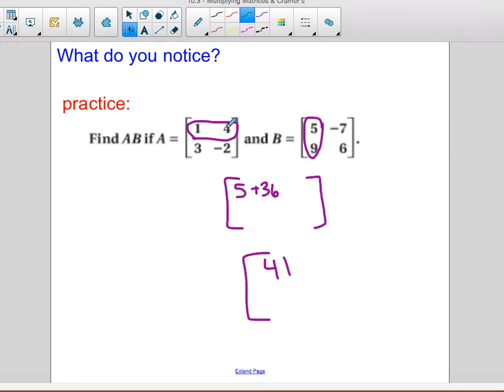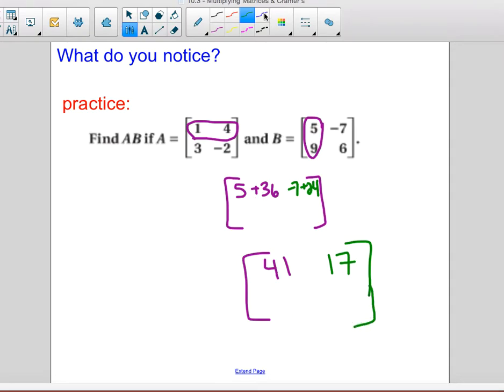I'm still on the top row, but now I'm going to use the right column. So I'm going to do 1 times negative 7, which is negative 7, and then 4 times 6, which is 24. Negative 7 plus 24 is 17. So that's going to go here, and I'll fill out the rest of the matrix.